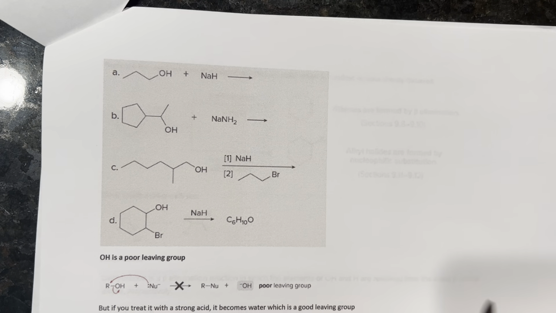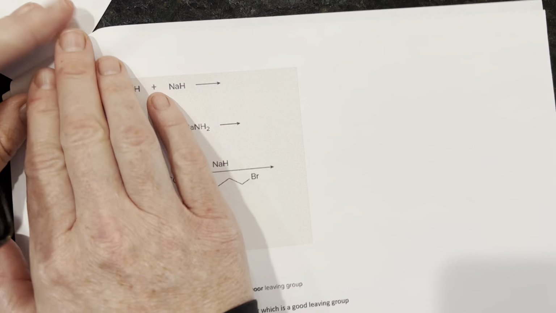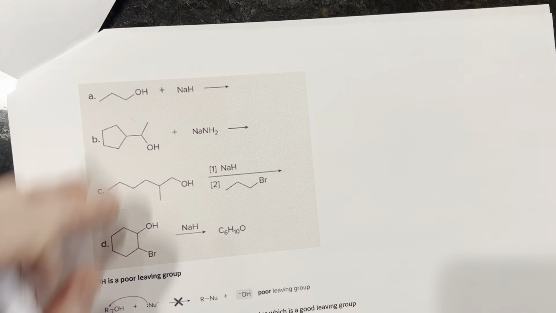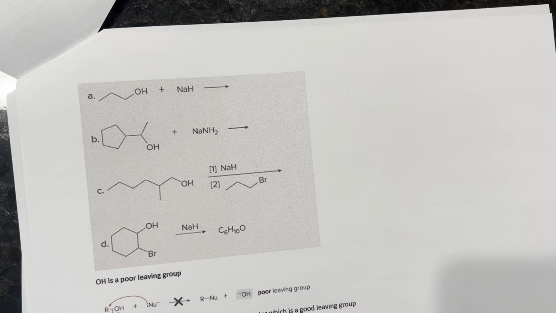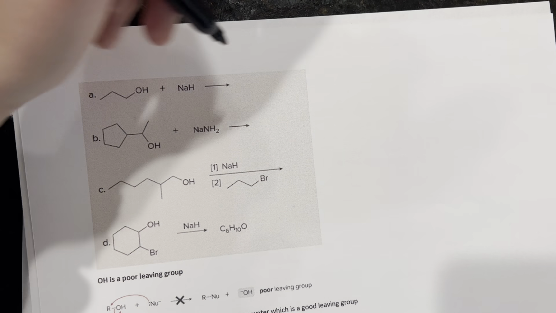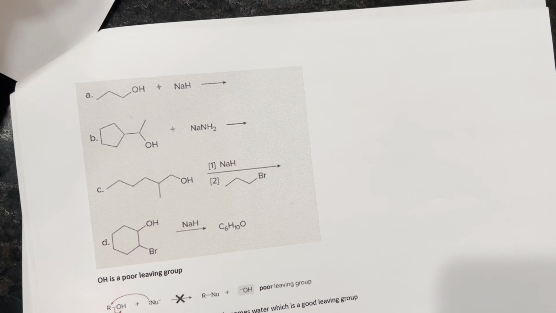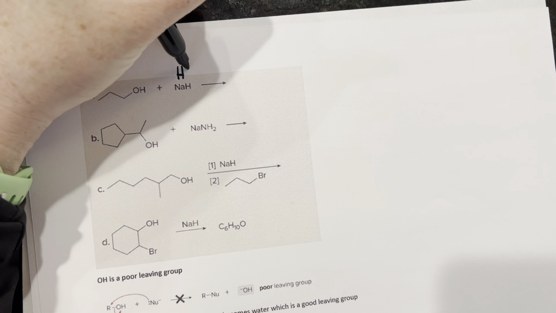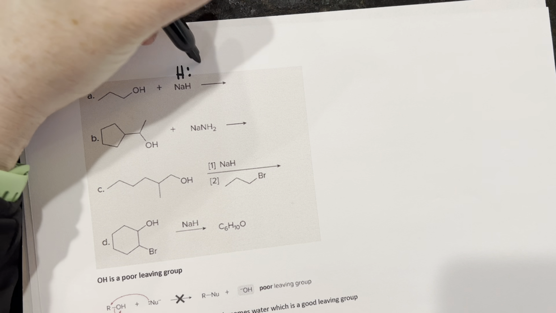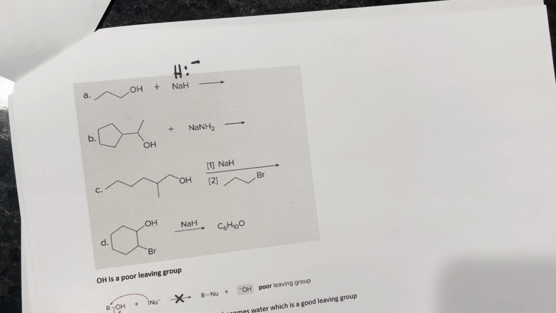All right, let's do a little bit of practice. Okay, so we've got this propan-1-ol reacting with sodium hydride. We can generally ignore the sodium, right? We don't usually like it. So you can just think of it like that.